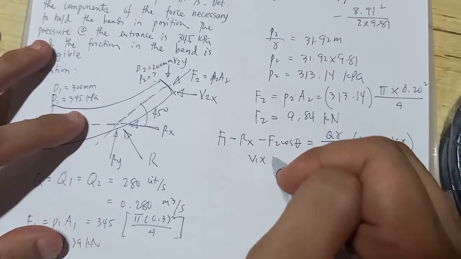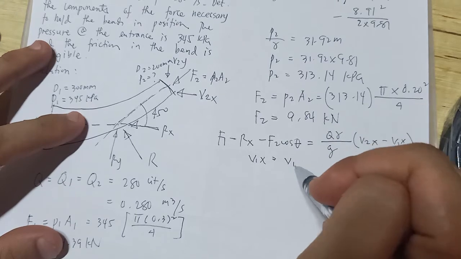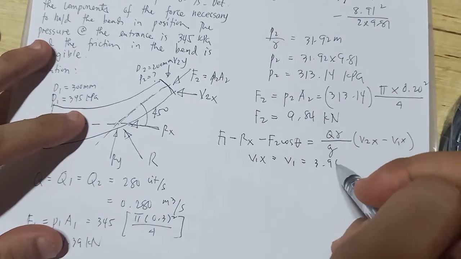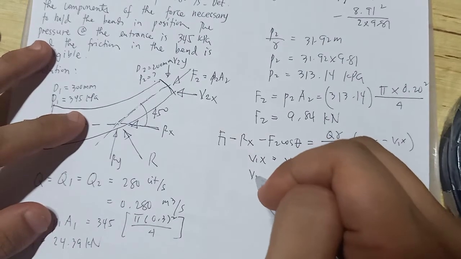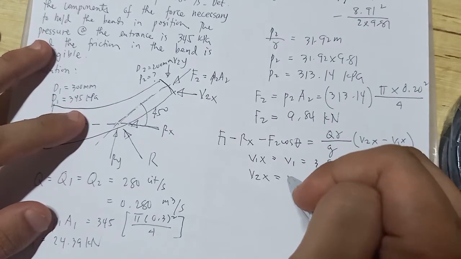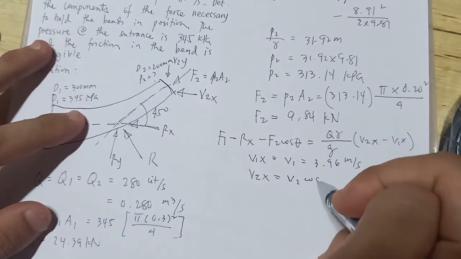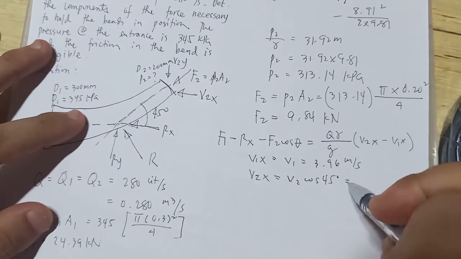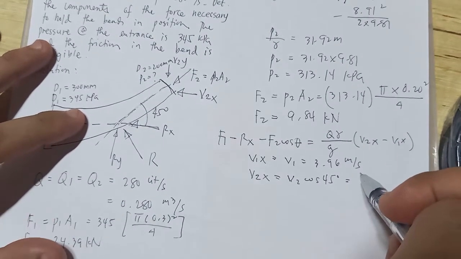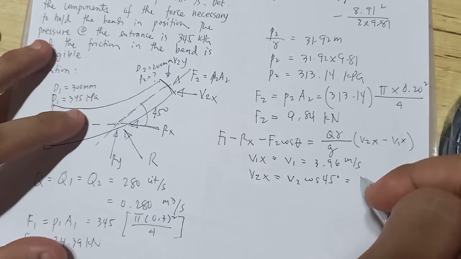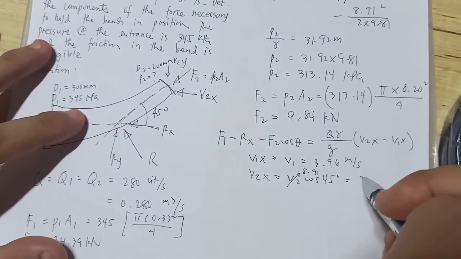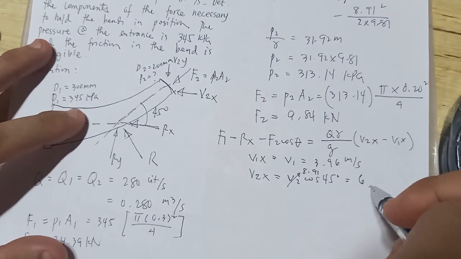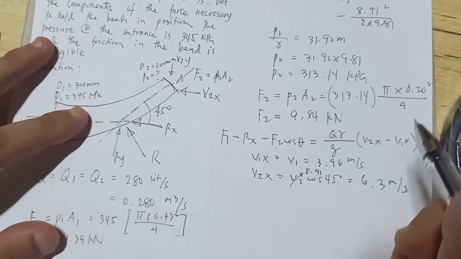So V sub 1x is equal to V1, which is 3.96 meter per second as we have solved, and V2x is V2 cosine 45, where our V2 is 8.91, and the answer for V2x is 6.3 meter per second.